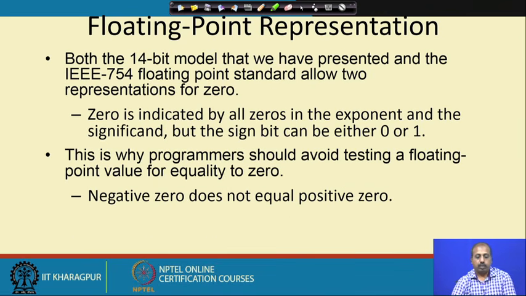Another caution that we have discussed in the last class is that both in our model as well as in IEEE, there is plus 0 and minus 0, and that representation is possible. So, we should be careful while writing programs and checking whether a variable has become 0 or not, because plus 0 and minus 0 are not the same.